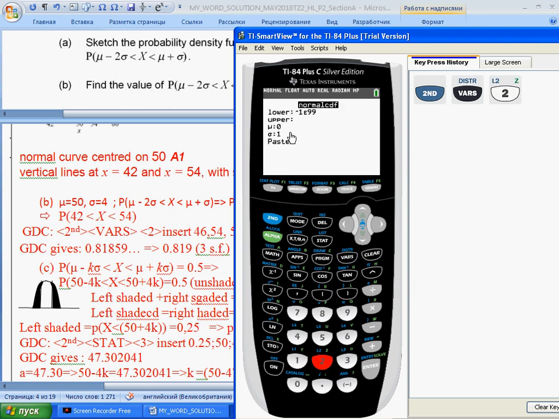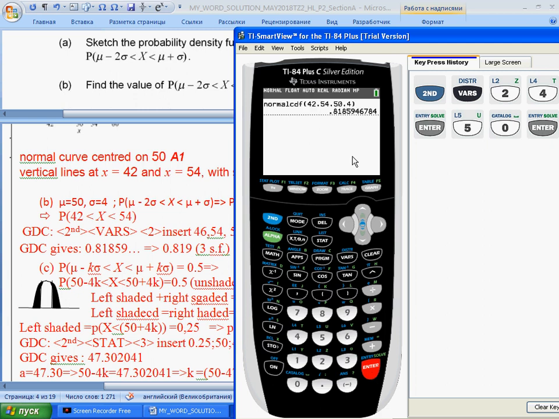We're asked about lower, so this is 42, enter, and the upper, 54, enter. Again we should insert mu, so it is 50, enter, and sigma, it is 4, enter. And one more time enter, one more time enter, and we have the correct answer.